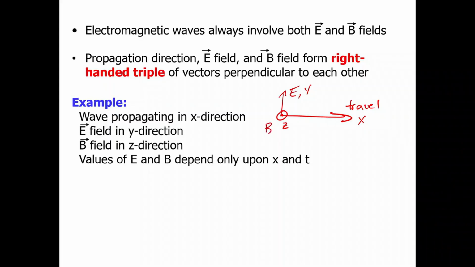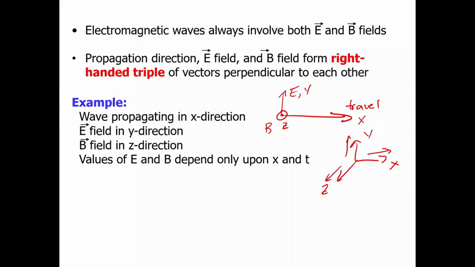Or we could represent that in three-dimensional space as x, y, and z, and then our travel direction would be in the x, our electric field might be in the y, and our magnetic field might be in the z.